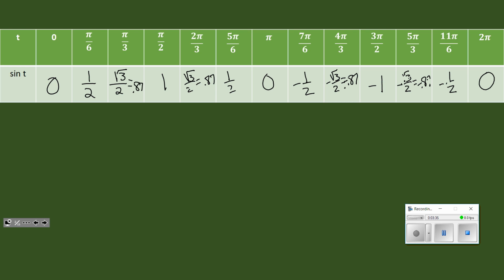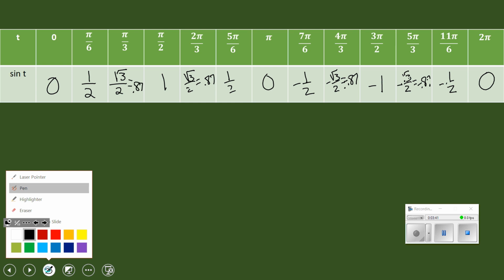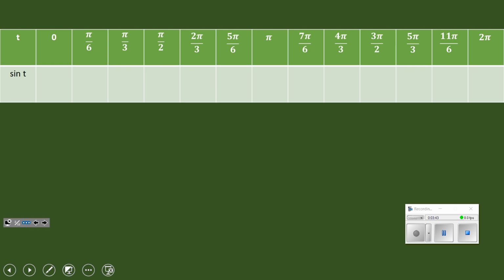Okay, so what we're now going to do is graph this. Basically, you're going to graph it like an x and a y axis, but in this case, the sine is going to be your y-axis, and your x-axis is going to be your radians.